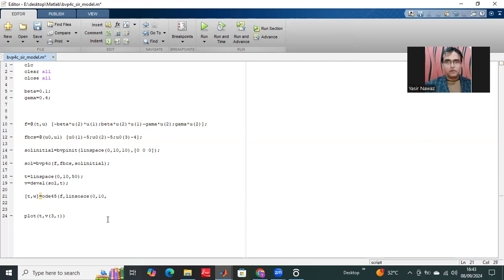The domain is 0 to 10, with 60 points, and then the initial condition. The initial condition is 5, 5 and 4.